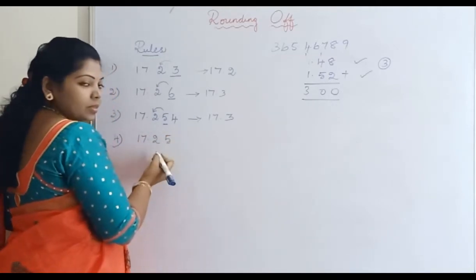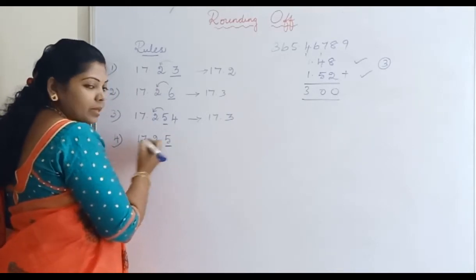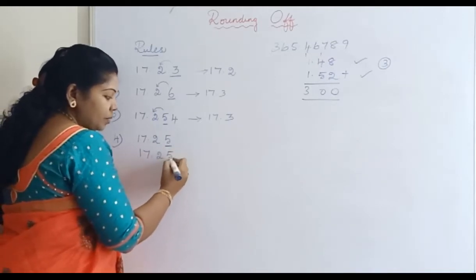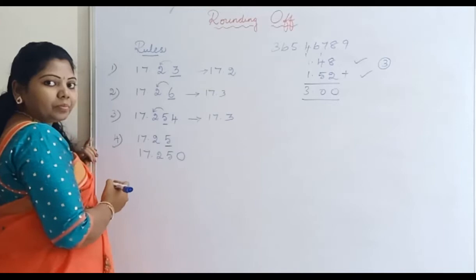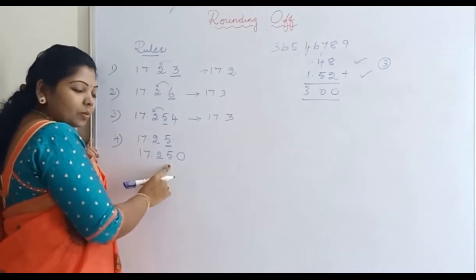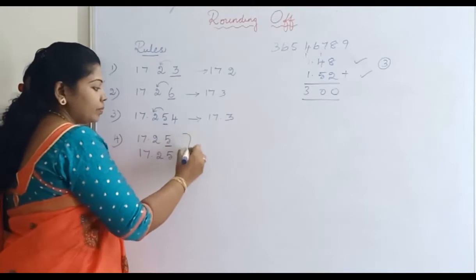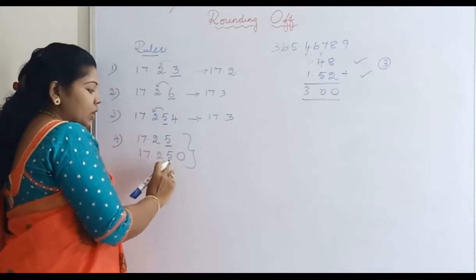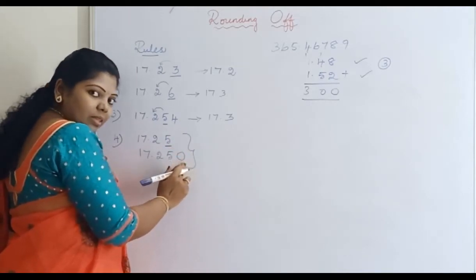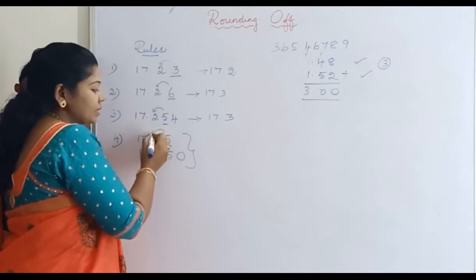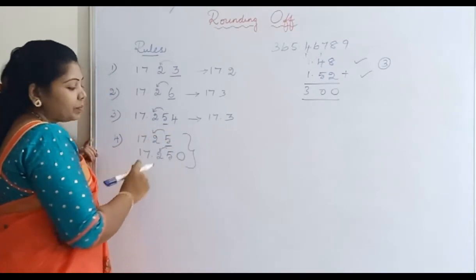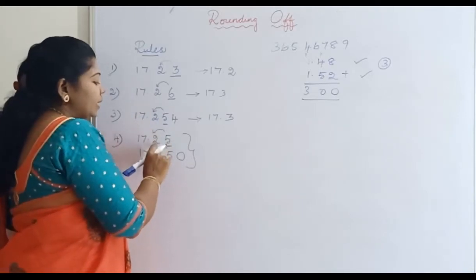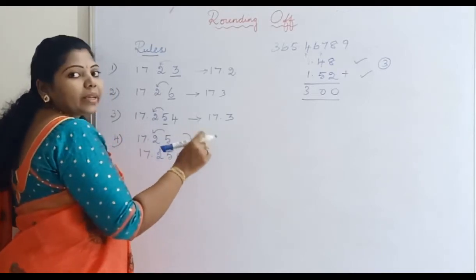The fourth rule is, if the number to be dropped is 5, or if the number to be dropped is 5 followed by a 0, what do we have to do? These two are the same. If the number to be dropped is 5 or 5 followed by 0, see the preceding digit. If it is an even number, the number should be written without any change.